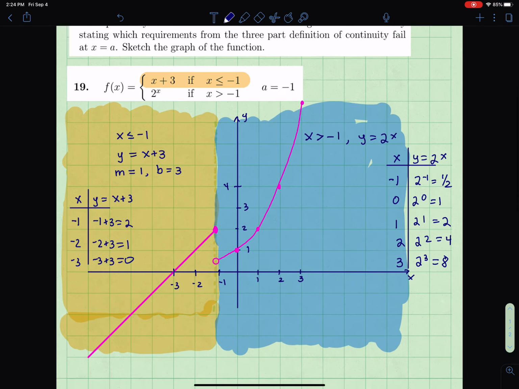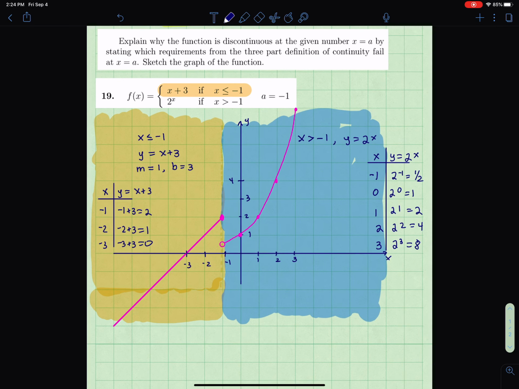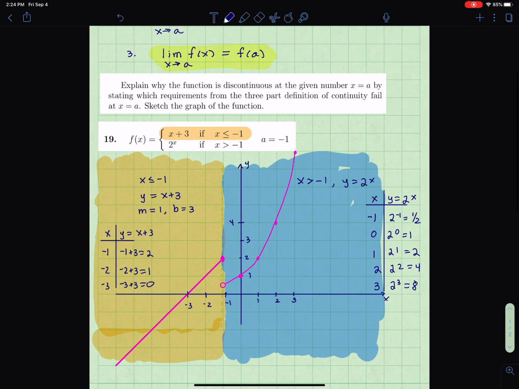Okay, so let's go through now. Why is the function discontinuous at a equals -1?